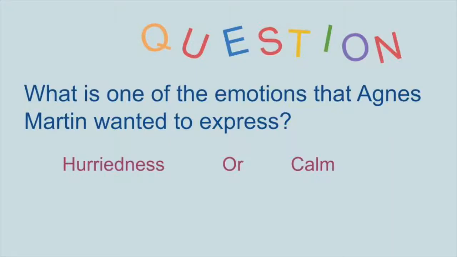So for Agnes, the things that she really liked to focus on were simplicity, happiness, kind of like a sense of serenity and calm. So those types of things were what she was meditating on and thinking about when she was making her art, and those are the types of emotions that she's trying to convey in her art to the viewer.